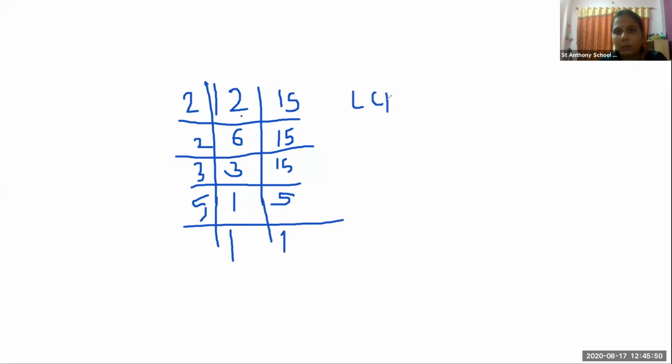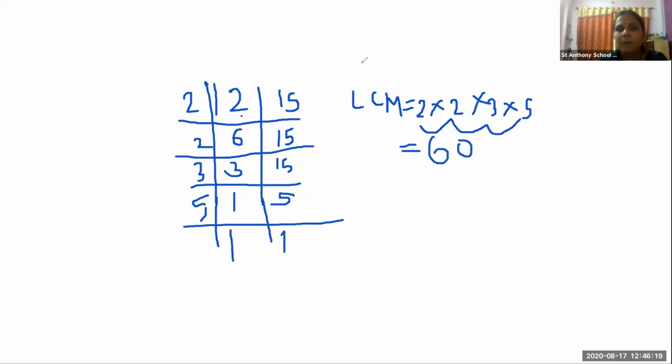LCM is equal to 2 into 2 into 3 into 5. Now 2 into 2, 2 2s are 4, 4 3s are 12 and 12 5s are what? 60. Okay. So our LCM is 60.